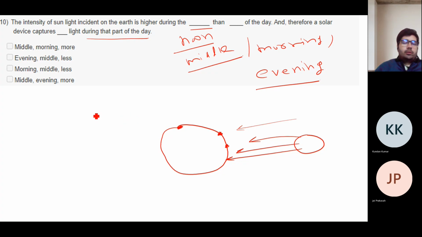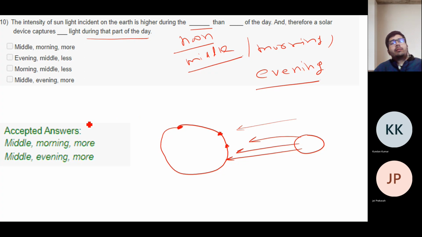So the correct option is middle. The intensity of sunlight incident on the Earth is higher during the middle than morning and also than evening of the day, and therefore a solar device captures more light during that part of the day. We know that the maximum solar radiation is received in the middle time.